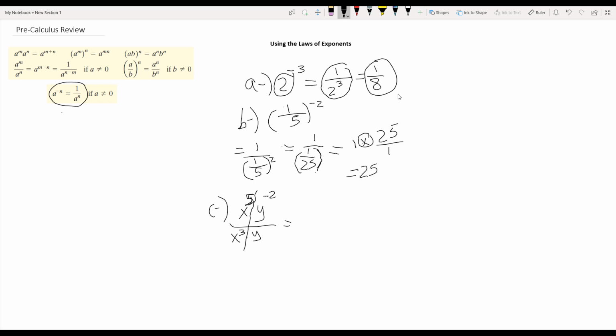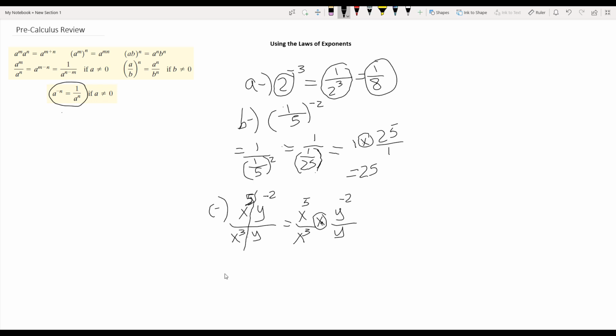So we can rewrite this, which will make it easier for us, as x to the fifth power over x to the third power, times, just like before, so you don't get confused, y to the negative 2 over y. Okay?